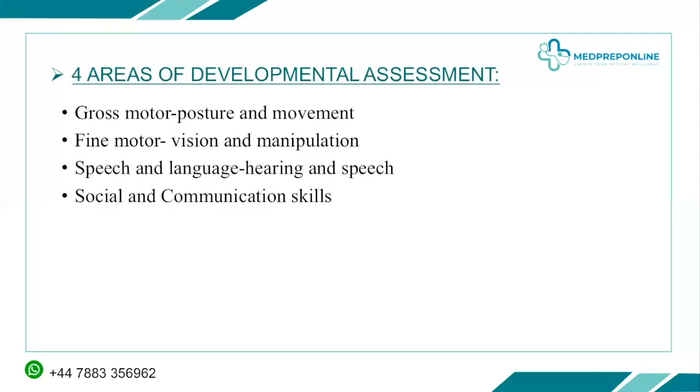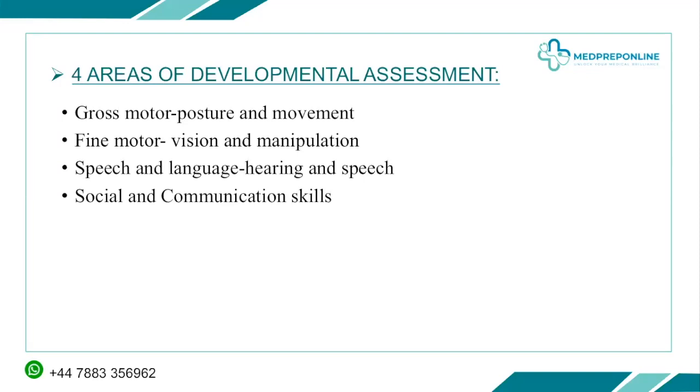Now you are going to be assessed on 4 areas of development: gross motor, posture and movement; fine motor, vision and manipulation; speech and language, hearing and speech; and social and communication skills. So the good news is that there are only 4 areas.